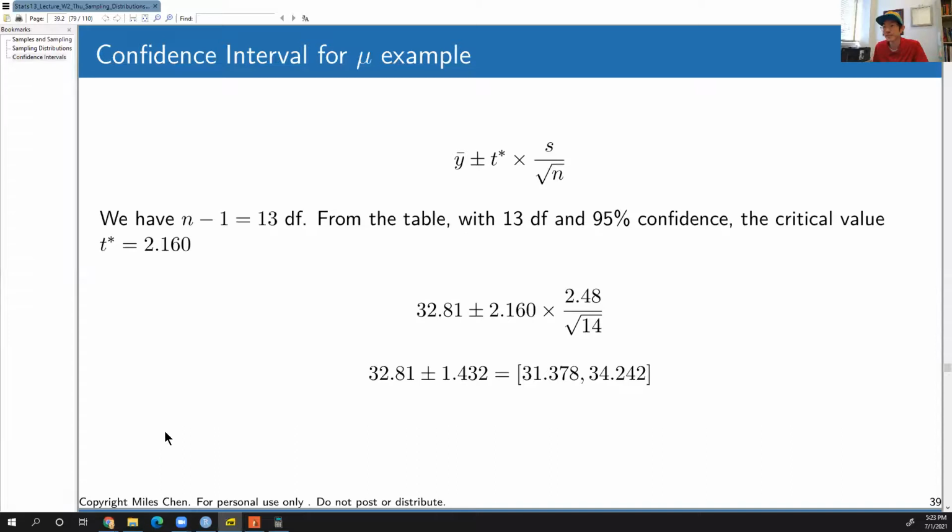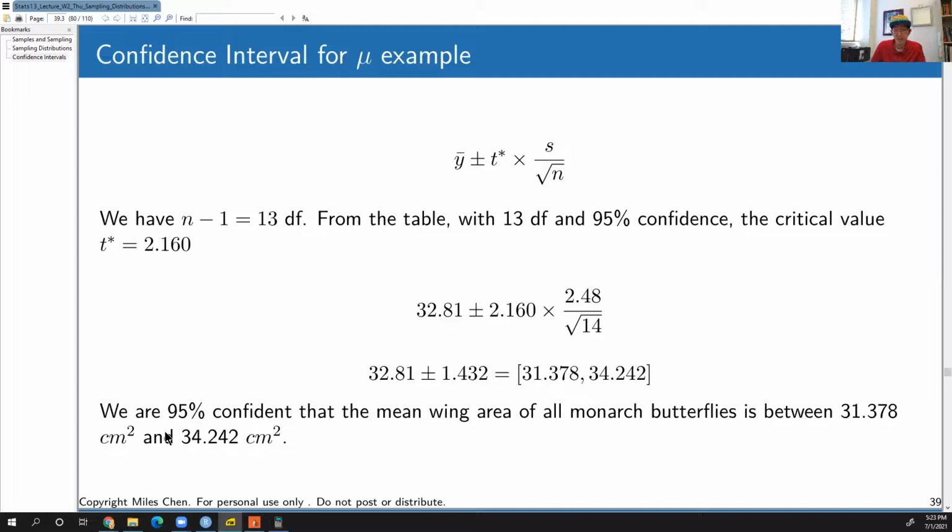So far, so good? All right, the statement that we would make is we are 95% confident that the mean wing area of all monarch butterflies, the mean wing size of all the butterflies in the population, is in this interval. Imagine we somehow freeze time, go out butterfly hunting, catch every single butterfly in the universe, measure every wingspan, and calculate the mean.